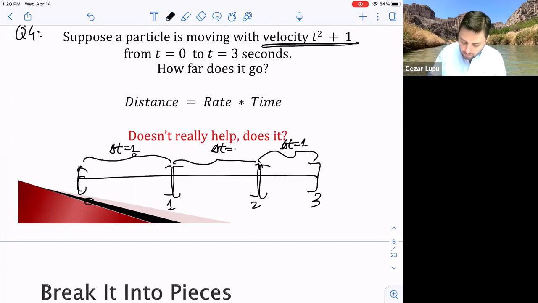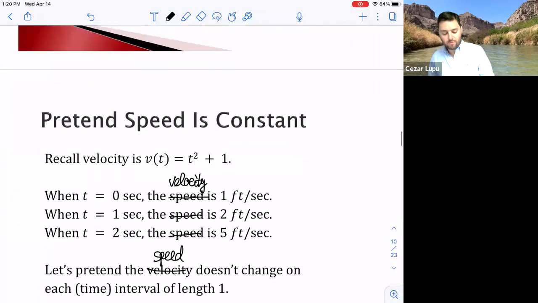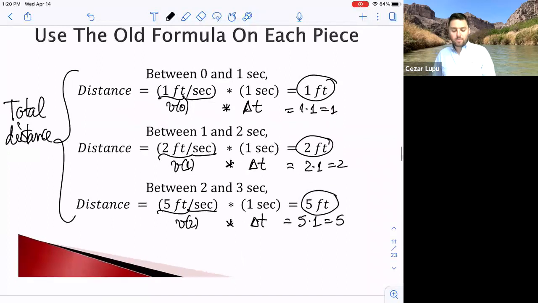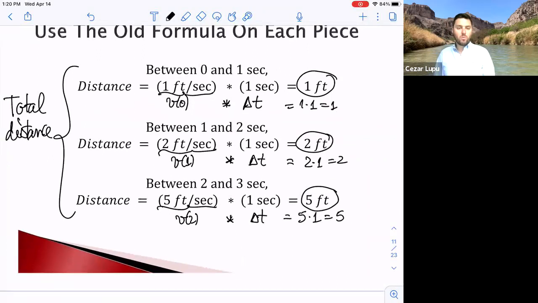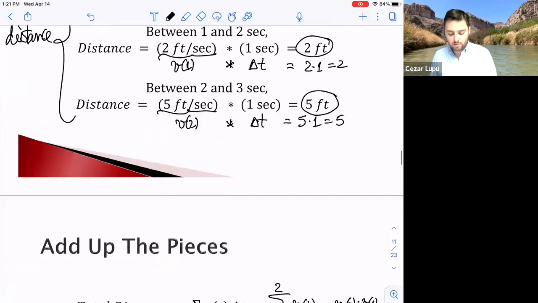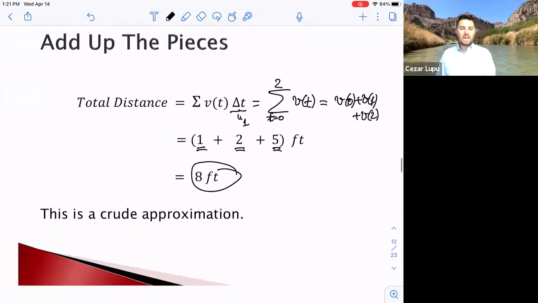Great. Then we just use the same type of formula and we ended up with the total distance. We computed the distance on each sub-interval, from 0 to 1, then from 1 to 2, and then from 2 to 3. When we added up these pieces, we ended up with 8.